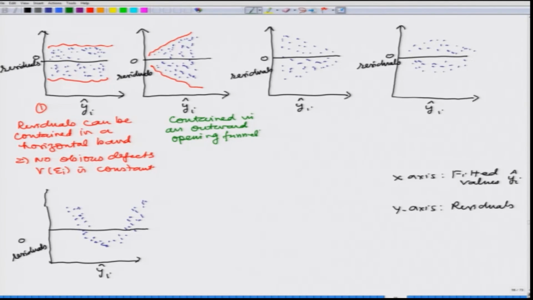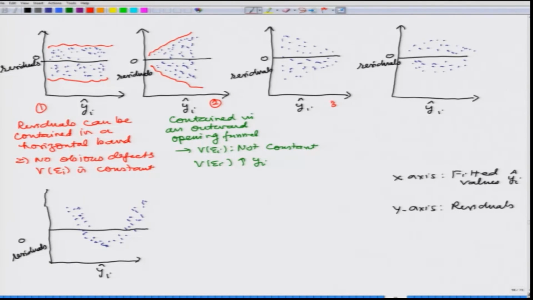Okay. And in this case we can conclude that variance of epsilon i is not constant. And we further conclude that variance of epsilon i is increasing with observations on yi. Okay, so this is our figure number 2.